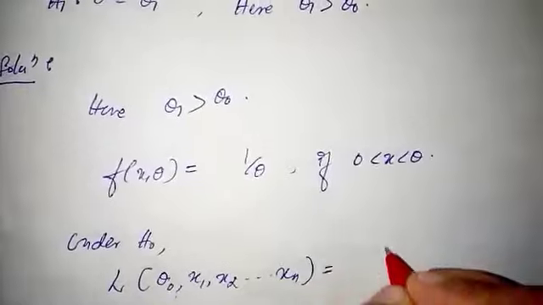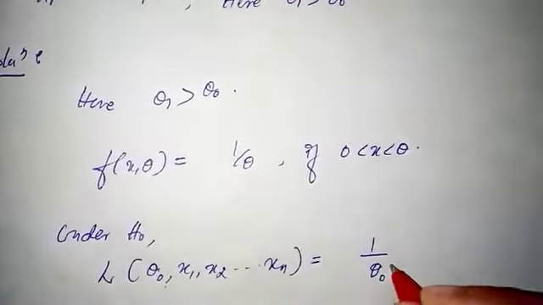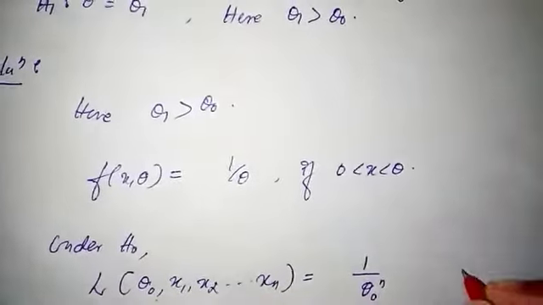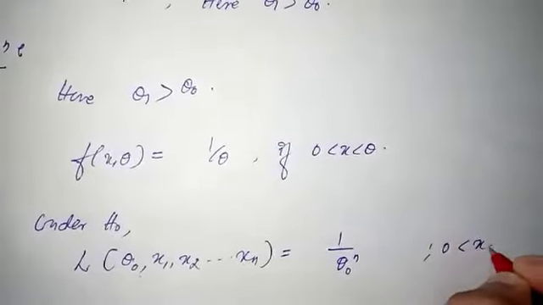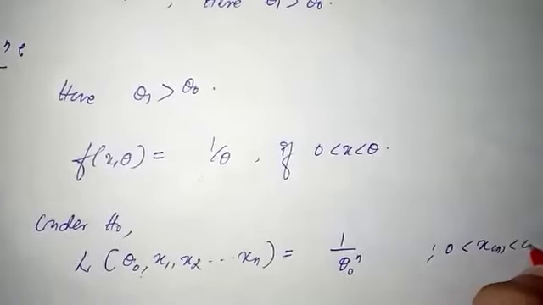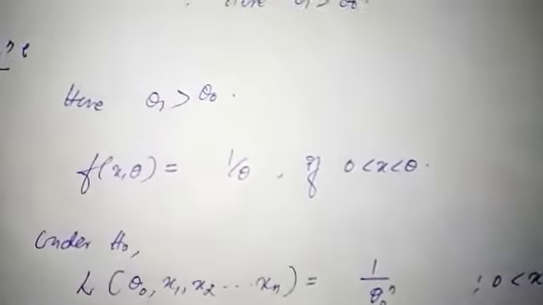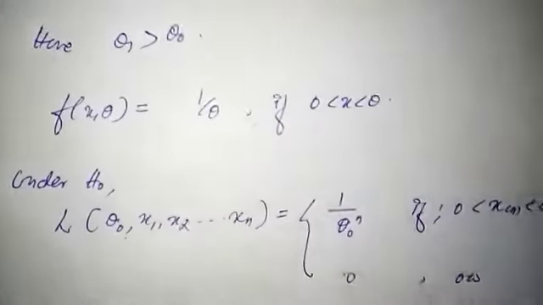That means it is equal to 1 by theta naught power n, if 0 less than xn less than theta naught, and 0 otherwise, right?